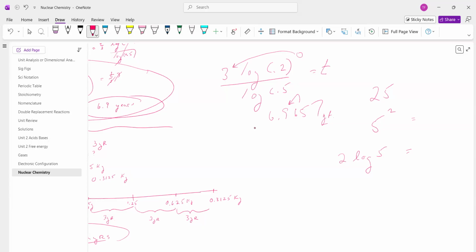You have to get that variable out of the exponent, then you can shift it over. Now, this applies only if the variable, either the time or the half-life time, is missing. Otherwise, you don't have to worry about using logarithms.